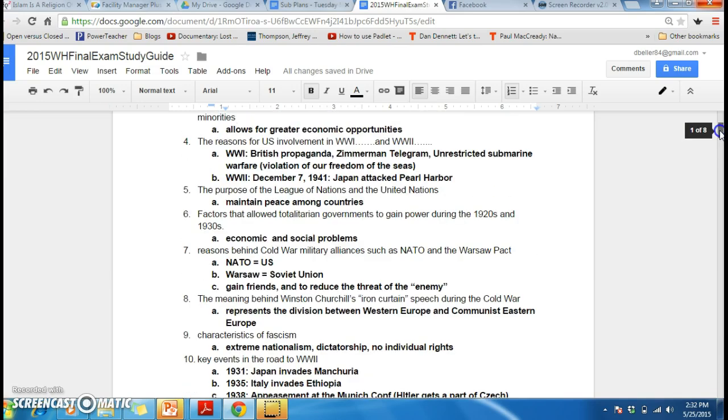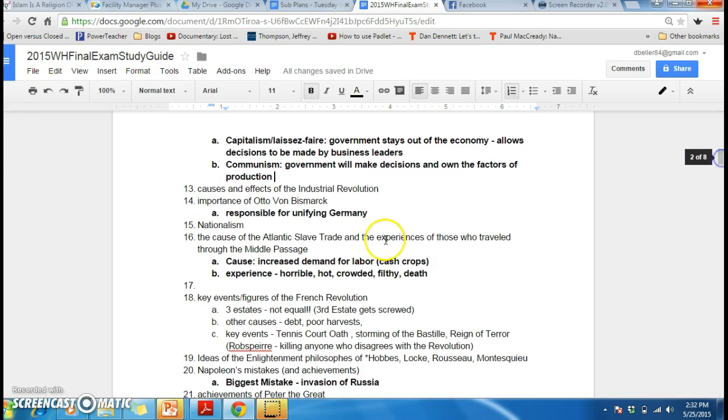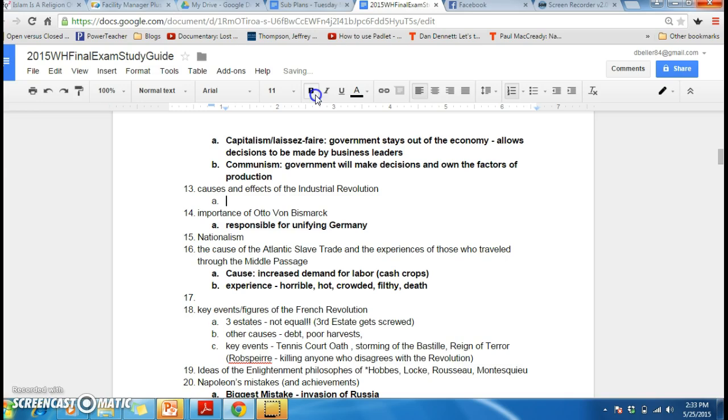All right, causes and effects of the Industrial Revolution. All right, causes. We have the Agricultural Revolution. When we look at England during this time period, this is where we saw the scientific farming.